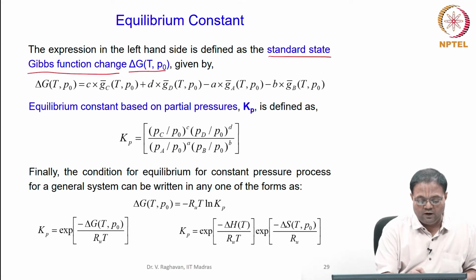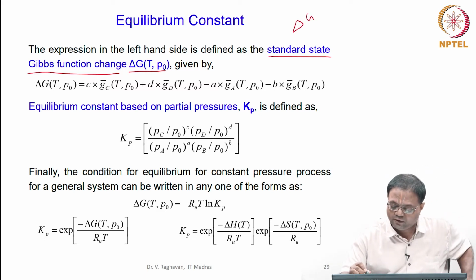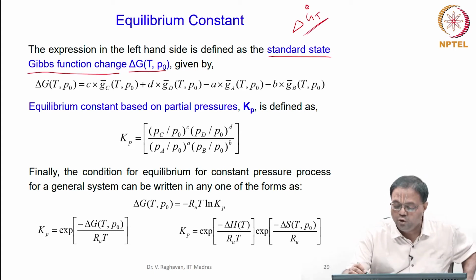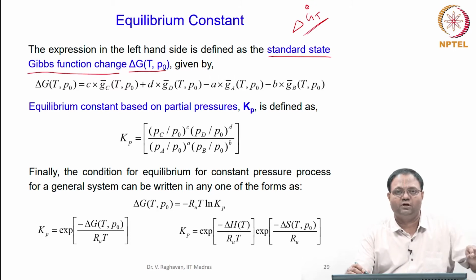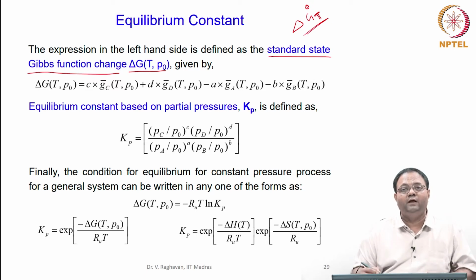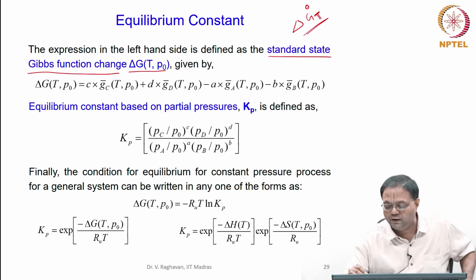You can see in Tures' book, this is represented in a compact notation as delta G superscript 0, that is for standard pressure, atmospheric pressure, and the subscript T represents any temperature.